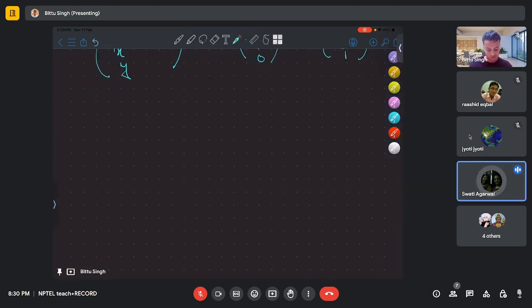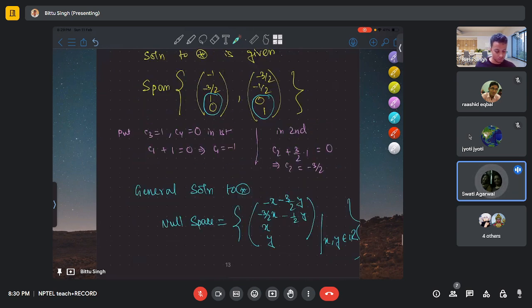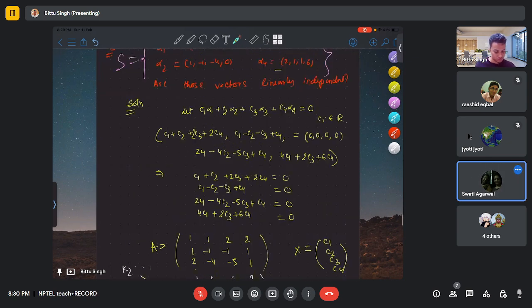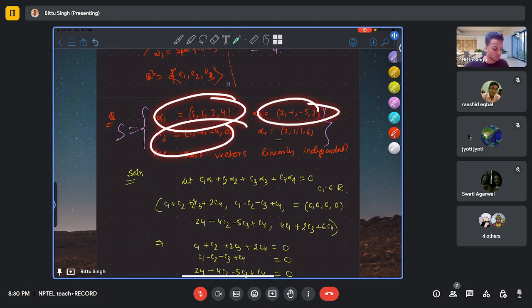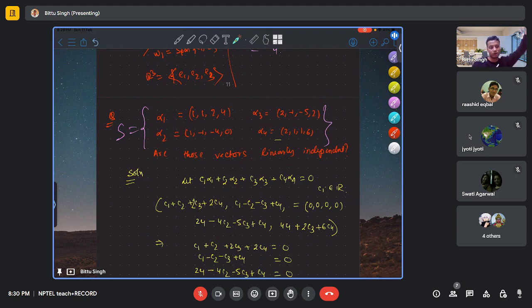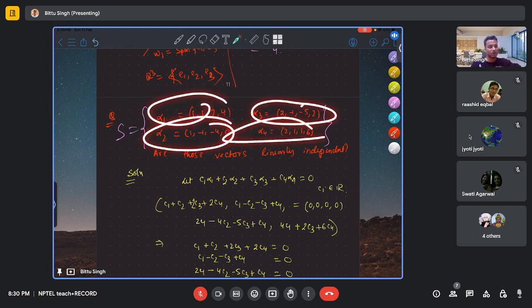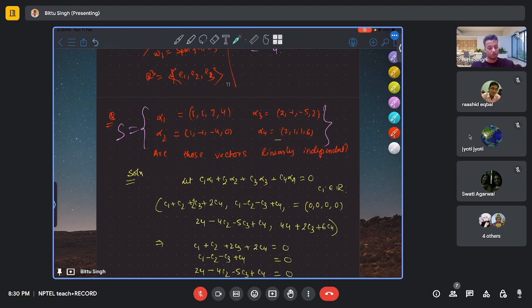Sir, geometrically, what would this mean? Geometrically it means that though there are four elements, they do not span the whole R4. You cannot see R4, but it says that those 4 elements only span a 2-dimensional plane. There are only 2 linearly independent elements.